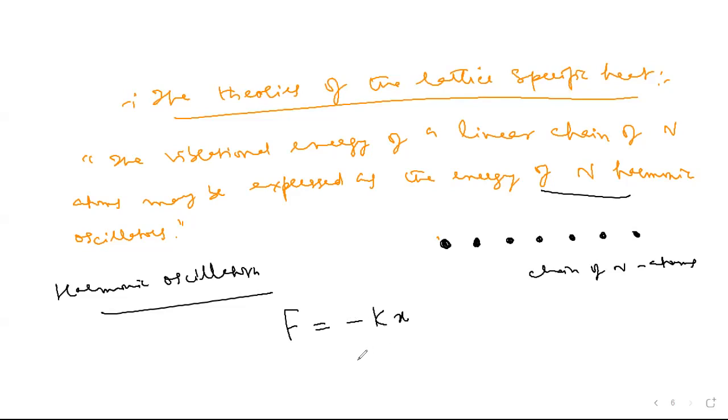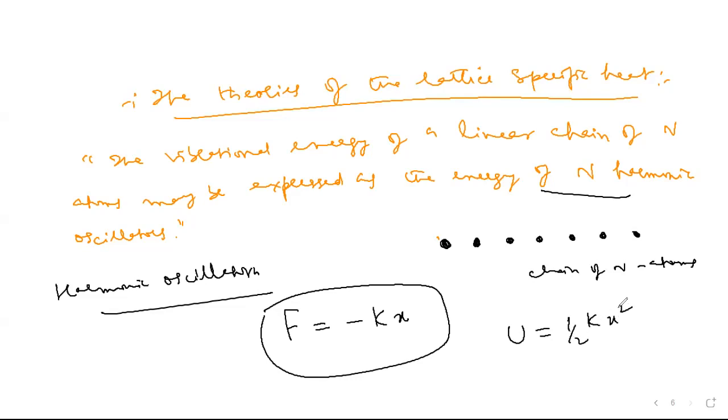This is the definition of harmonic oscillator. I repeat, an idealized oscillator which oscillates under the action of this kind of force, F is minus kx. And remember, this oscillator has potential energy of the form half kx square.